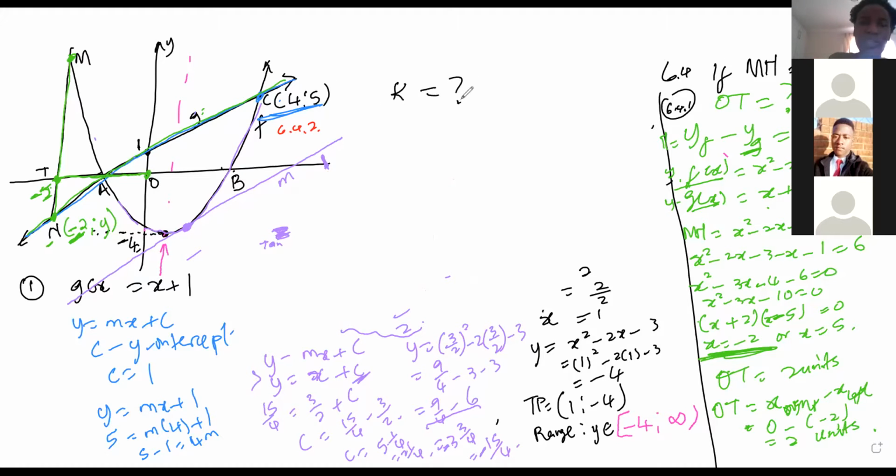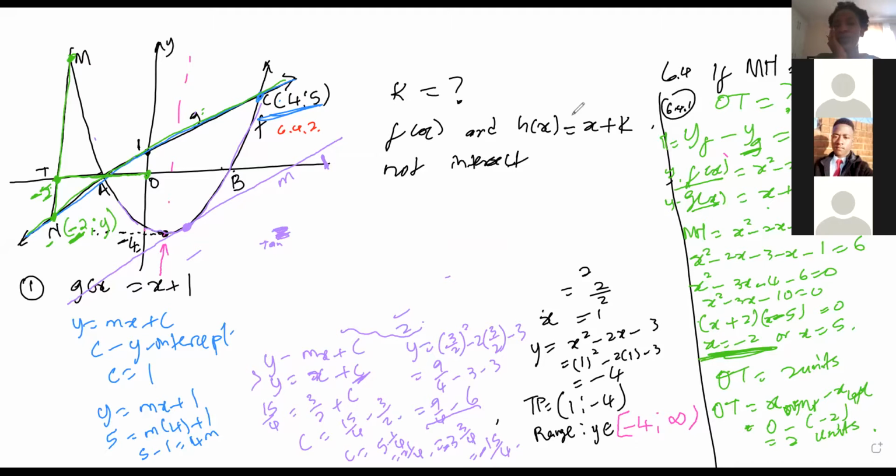For which values of K will F at x and H at x, which is x plus K, not intersect? Okay, so for which values of K will F at x and this new equation H at x not intersect, right?